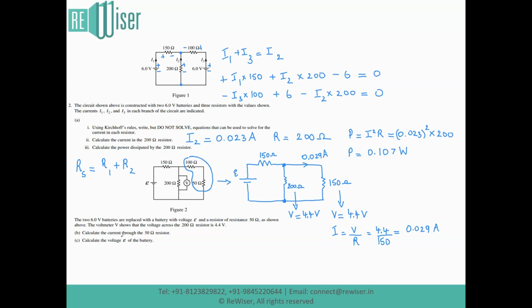the voltage epsilon of the battery. Here we notice that since the 150 ohm resistance is a combination of the 50 and the 100 ohm in series, the current through each one is still 0.029 ampere, while the current through the 200 ohm resistor can be found out using the same formula, although by different substitutions, as 4.4 divided by 200.